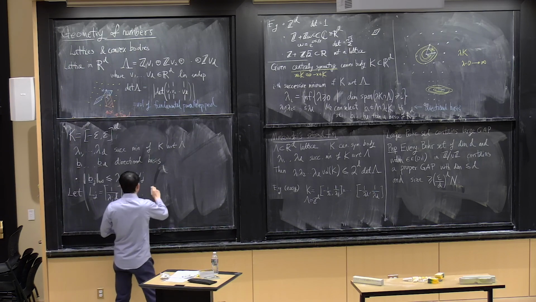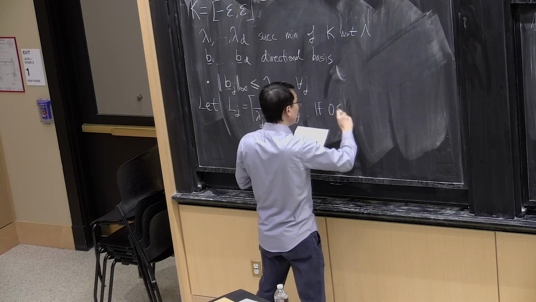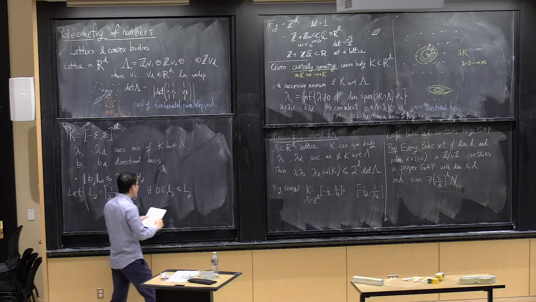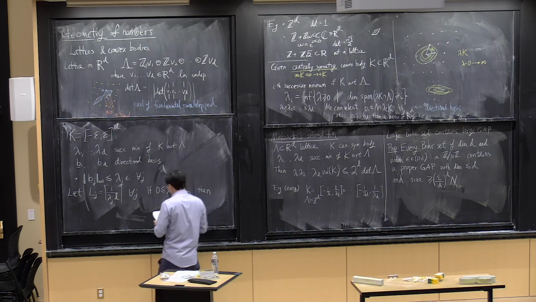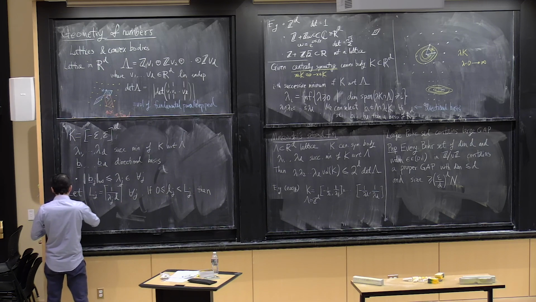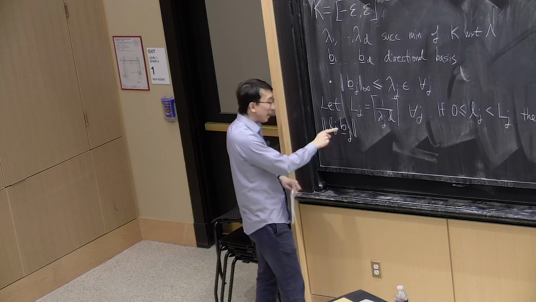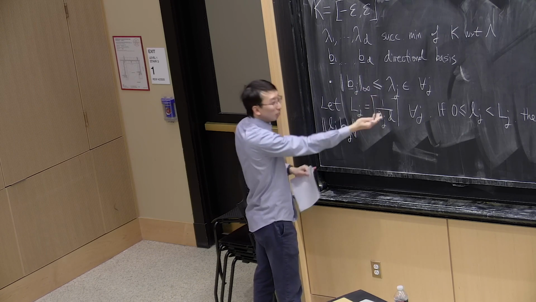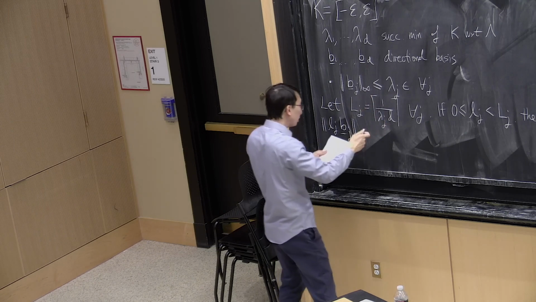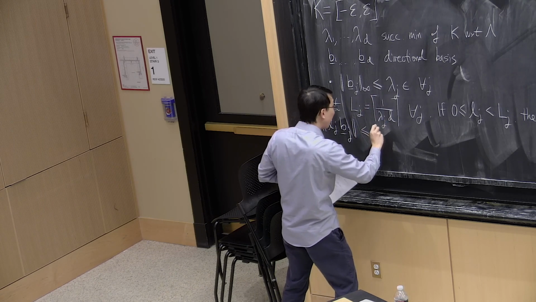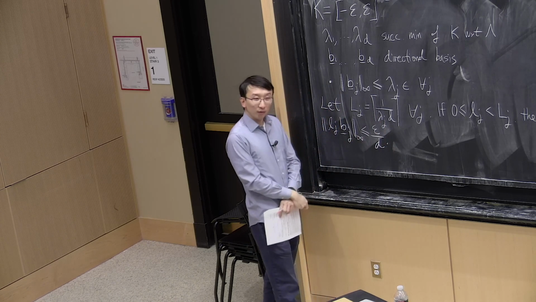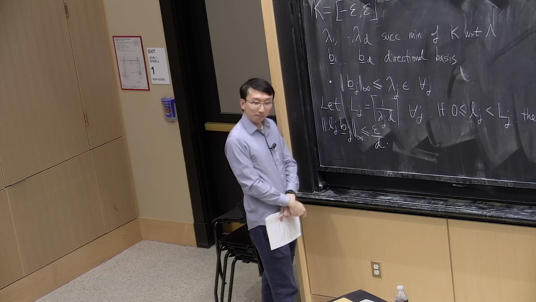And I claim that if little l_j is less than big L_j for each j, then, if I dilate the B_j vector by factor little l_j, and just look at these two inequalities, I obtain an upper bound of epsilon over d on the L infinity norm of l_j B_j.